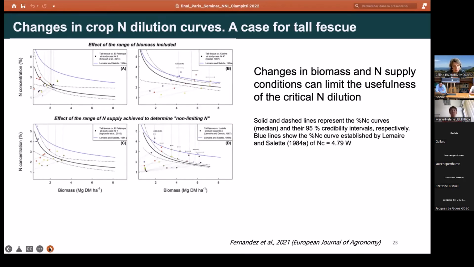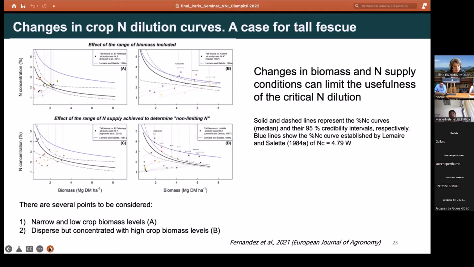So if you look at the examples, in the first one, we have very narrow, low crop biomass, so it's really hard to define this dilution or the plateau section of high biomass. In the second one, we have very dispersed data sets and high crop biomass levels, so for the model, it's quite impossible to really work on the dilution and fit it.